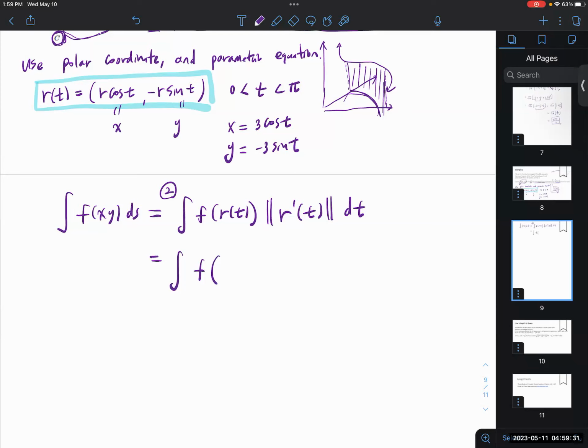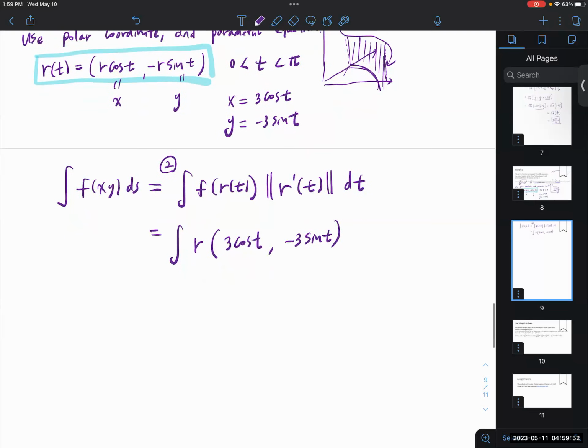What is r(t)? We have 3 cosine t, comma, negative 3 sine t. So this is representing the function, right?